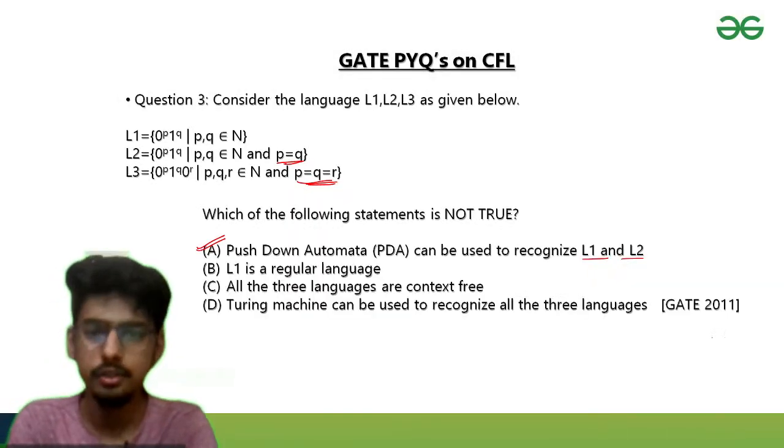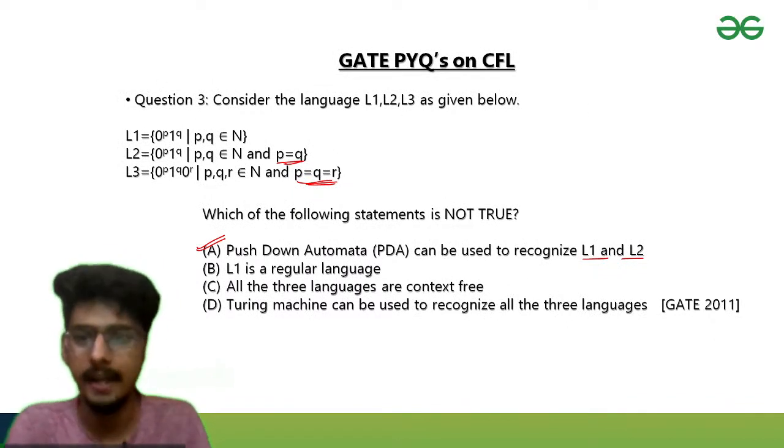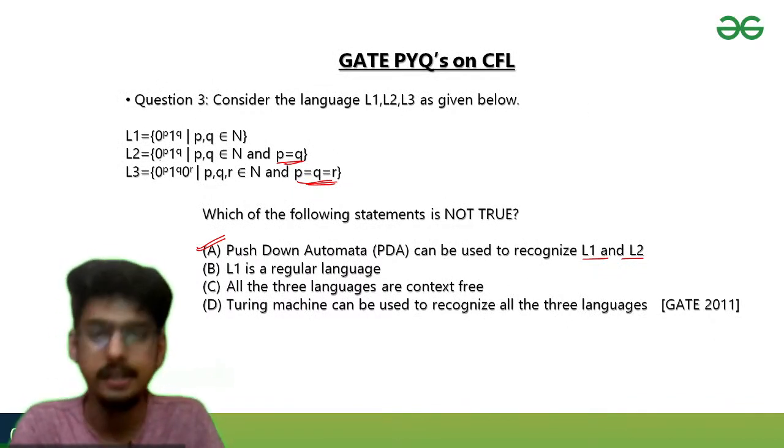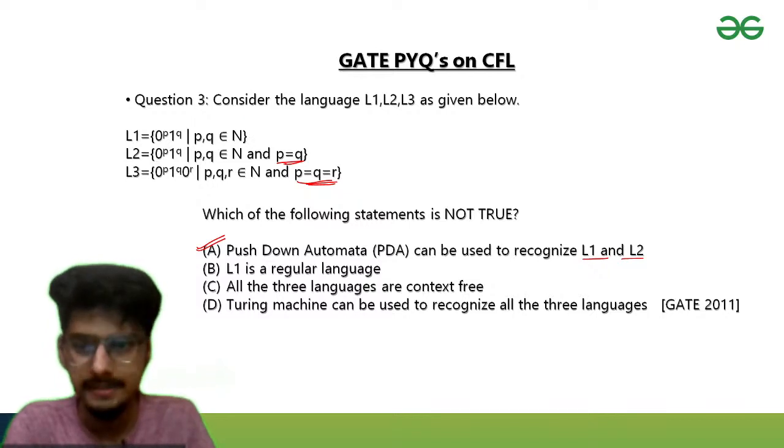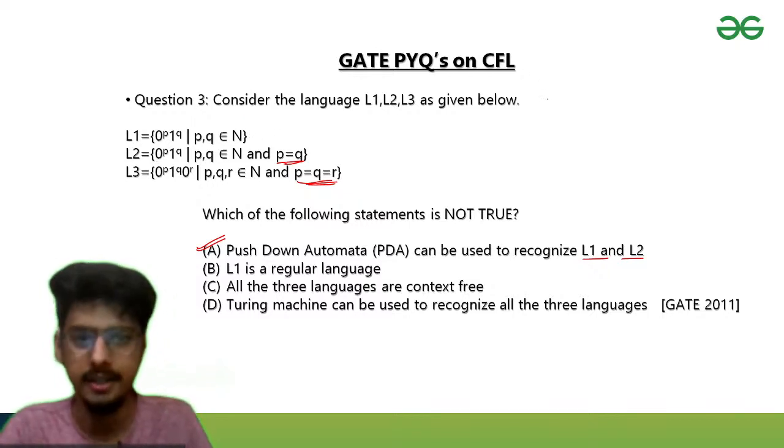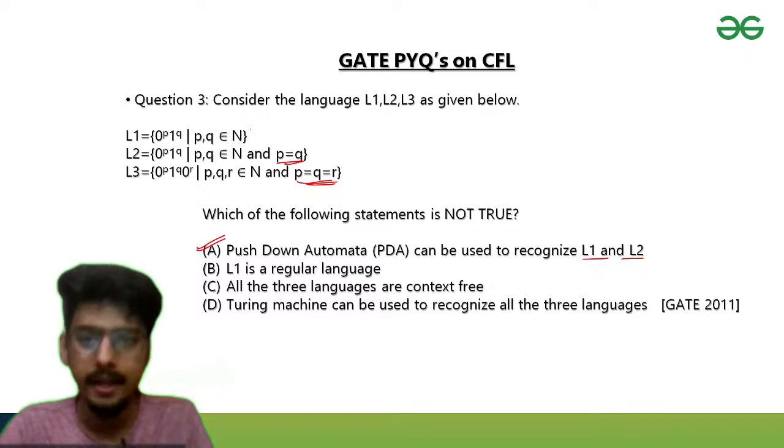So now let's get back to the third question itself. Let's have a look at L1, L2, L3, what they actually are. L1 does not have any condition. It is simply 0 to the power p, 1 to the power q, where p, q belong to the natural numbers, so they start with 1.